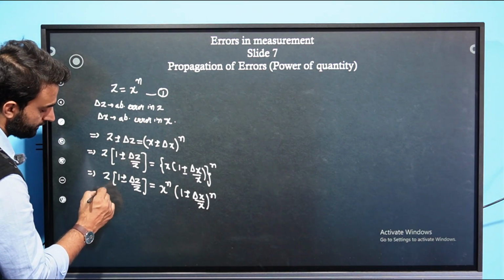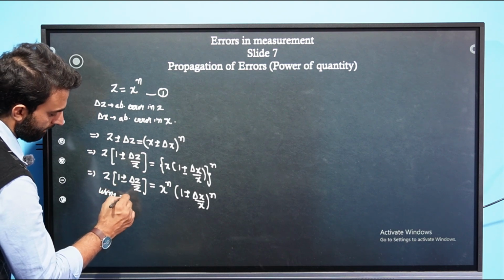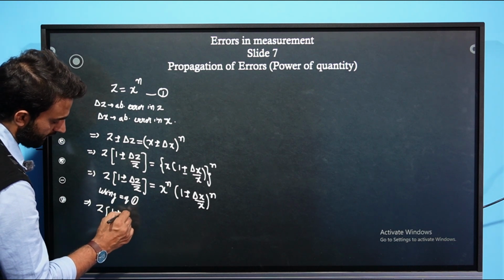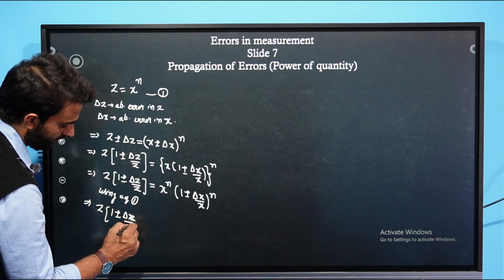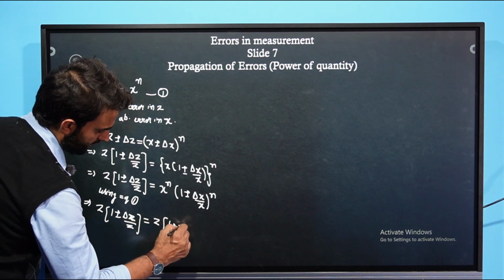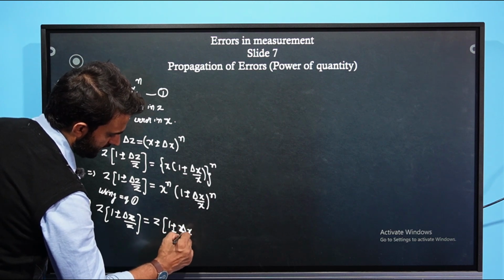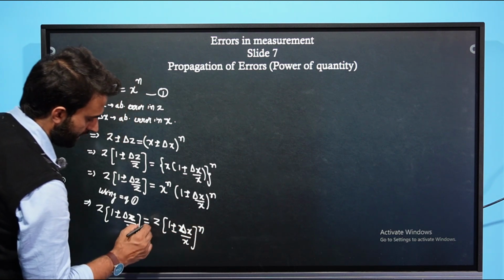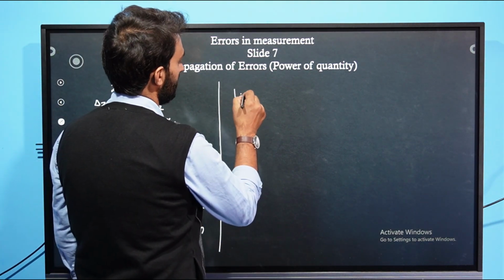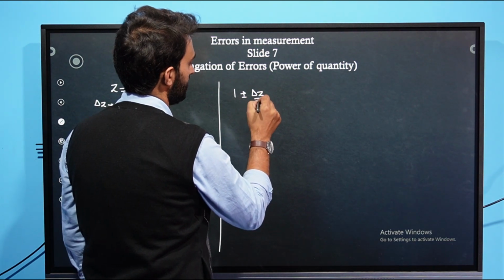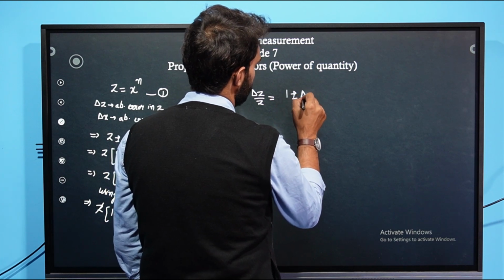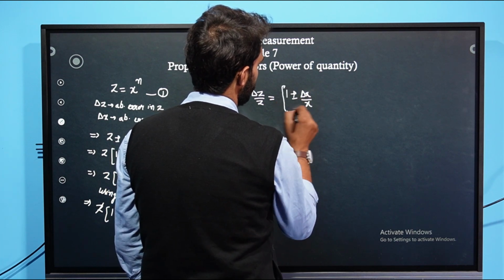So using equation 1, z times 1 plus minus delta z divided by z is equal to z times 1 plus minus delta x divided by x raised to power n. So this z will get cancelled out, and the final result will be 1 plus minus delta z by z is equal to 1 plus minus delta x by x whole raised to power n.